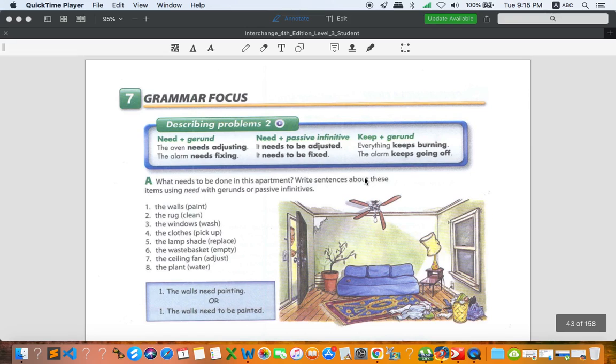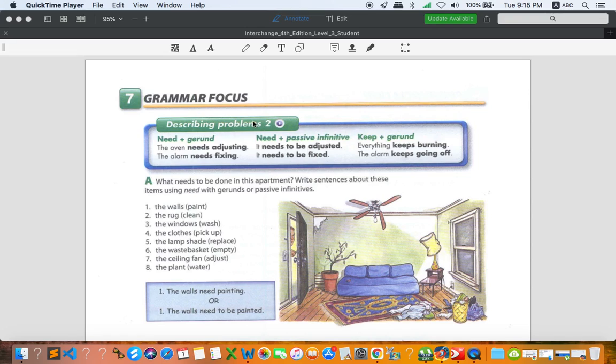The next one is about describing problems too. When you want to describe the problem, instead of using the first one, you can use keep. And when you use keep, you need to use a gerund after that. Keep plus gerund describes the problem that is happening. When it comes to a problem, we need to give a solution.